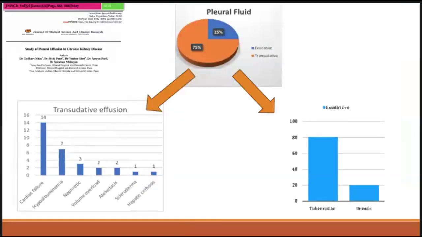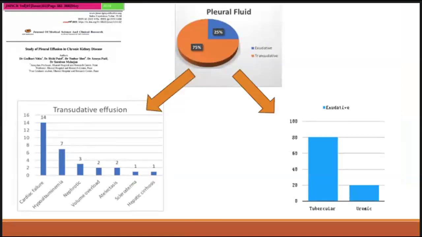Right, when we look at pleural effusions, we can define them as transudative and exudative. I think this definition is very important when we try to manage patients with pleural effusion. So transudative pleural effusion is basically an abnormality of the hydrostatic pressure or the oncotic pressure, differences in the interactions between the oncotic pressures and the hydrostatic pressures of the systemic circulation.